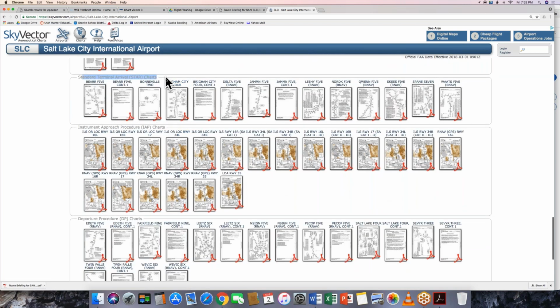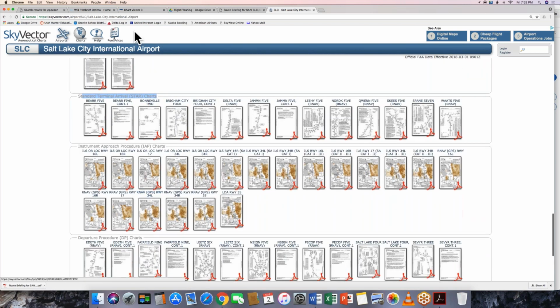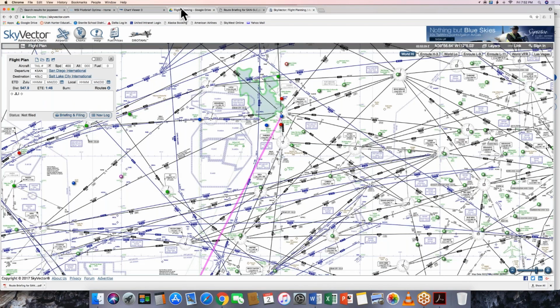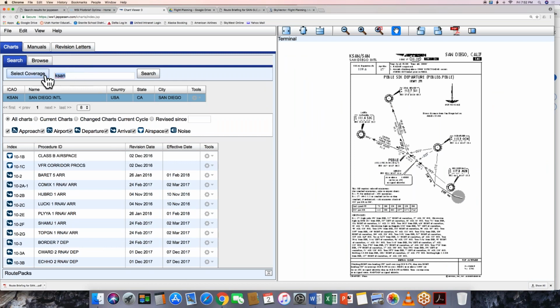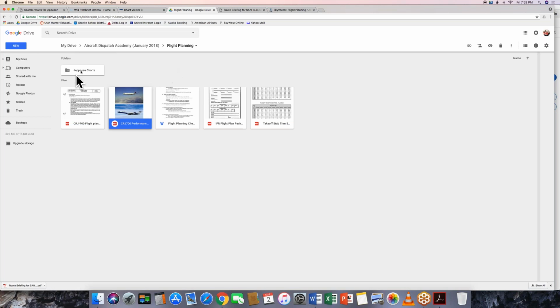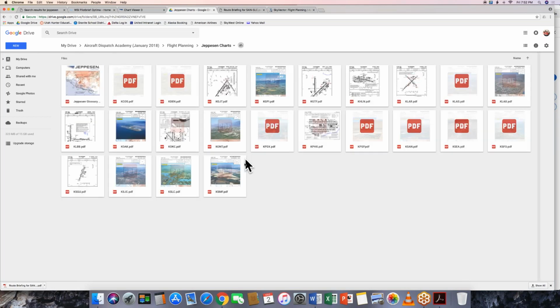Look in here, there's our star charts right there. But once again, we're not going to use those charts. We're going to go here to our Jeppesen charts. And you guys have these charts on the Google Drive. San Diego and Salt Lake, both of those JEP charts are on our Google Drive. We can actually just use those.